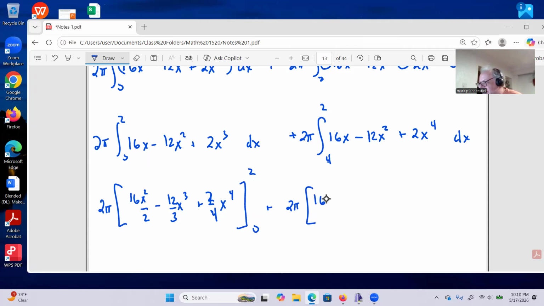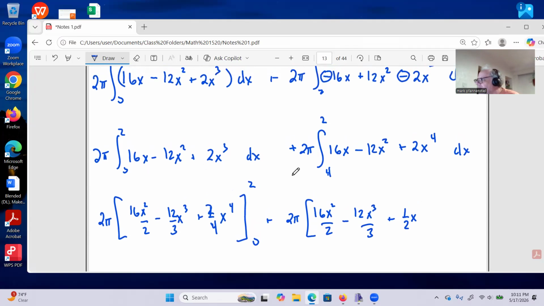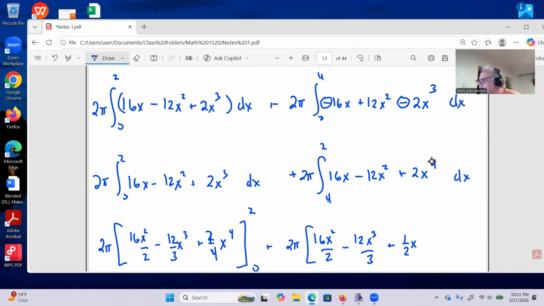So we have 16x squared over 2 minus 12x cubed over 3 plus 2 fourths x to the, oh no, not 2. Does this say to the fourth power? This is the third power. Okay. Fourth, and there's 2 over 4, so that's going to be that one. Okay, and then we are going from 4 to 2 because we had dealt with that negative sign.